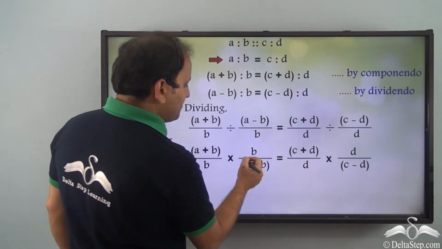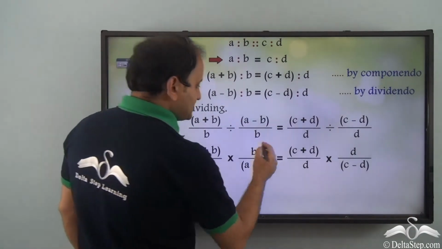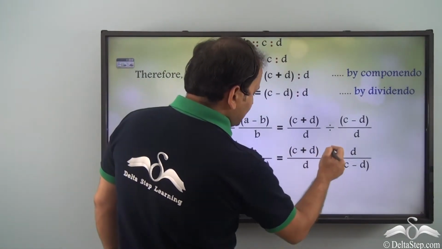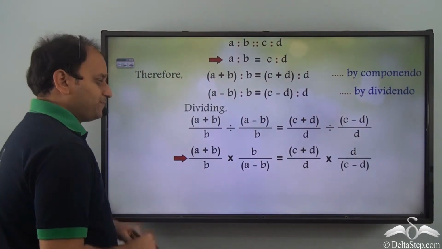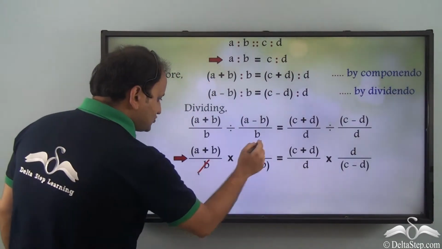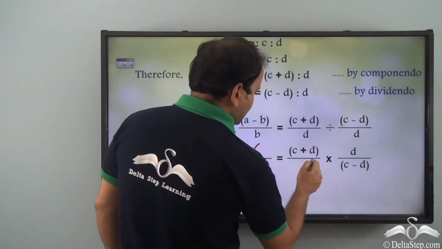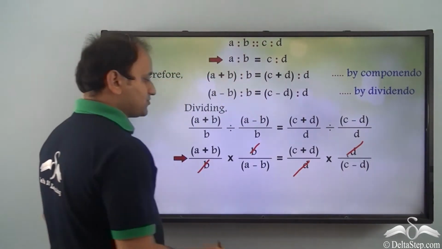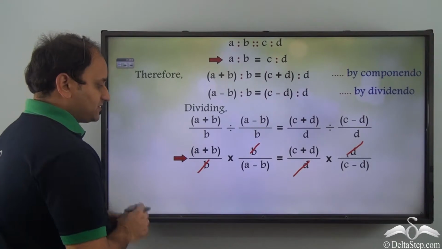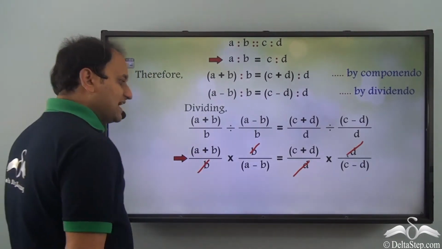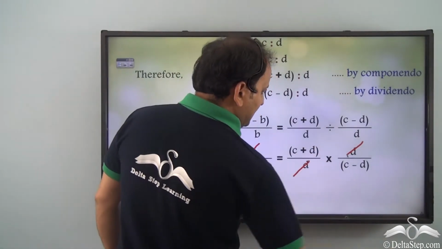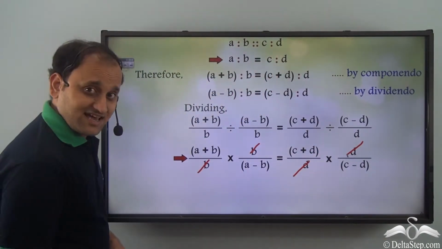So we have B by A minus B is equal to C plus D by D into D by C minus D. Now, can we cancel these two out? Yes, we can. Similarly, we can cancel these two out. So what are we left with? Well, we are left with A plus B by A minus B on this side and C plus D by C minus D on the right hand side.